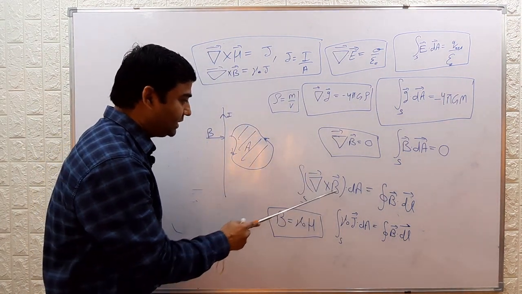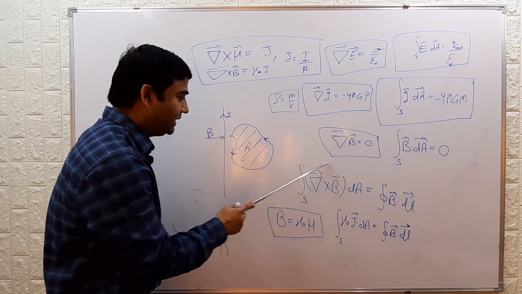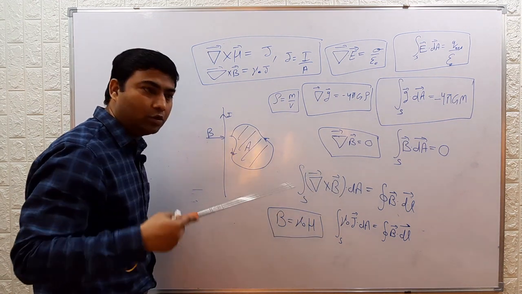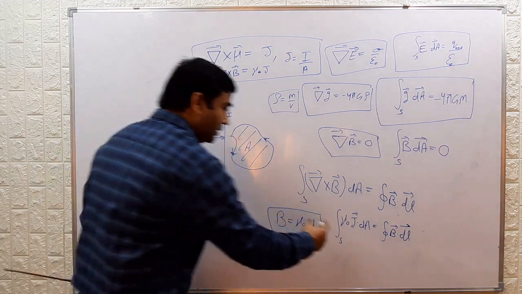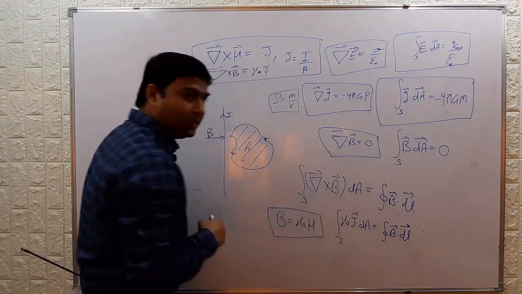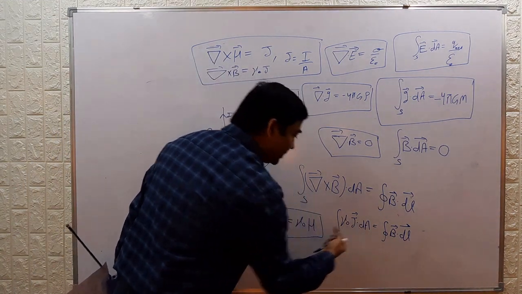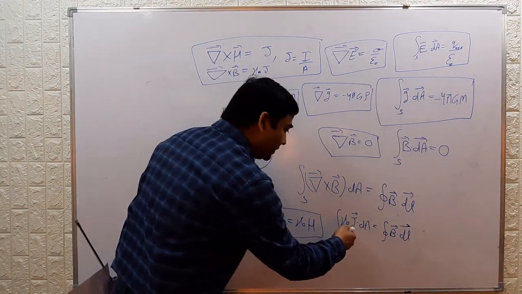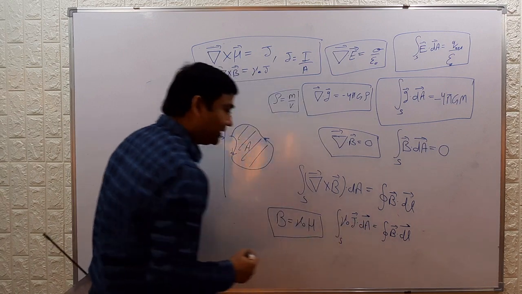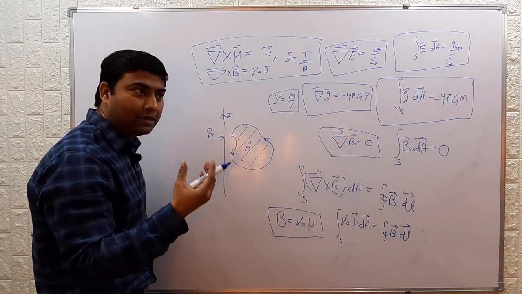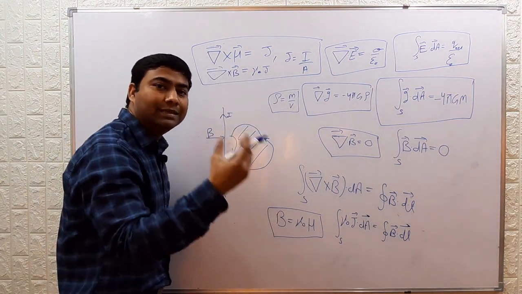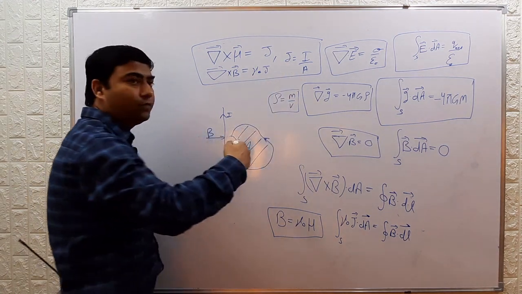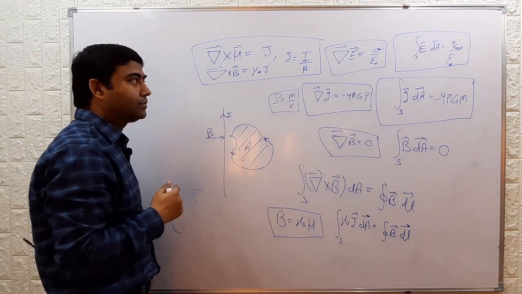When we use Maxwell's theorem by finding curl of magnetic field as mu 0 J for low frequencies, J is the current density. J dot dA, J into dA, is nothing but current flowing through small area dA, because J is current flowing through unit area.